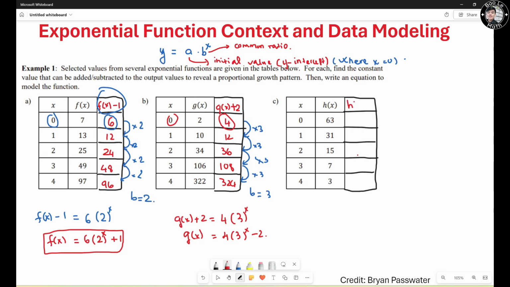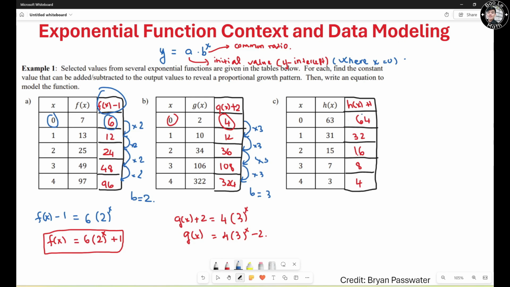So we have h of s plus 1. 63 plus 1 is going to be 64. 31 plus 1 is going to be 32. 15 plus 1 is going to be 16. 7 plus 1 is going to be 8. 3 plus 1 is going to be 4.